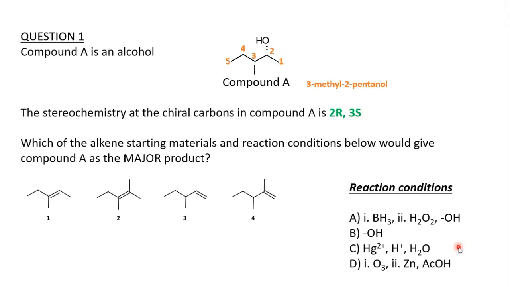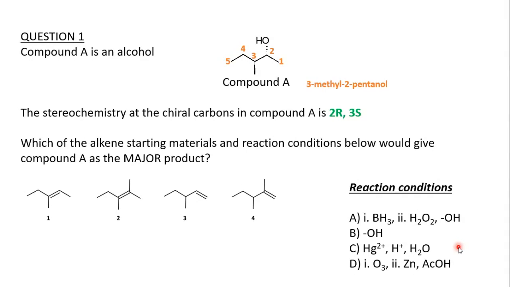Yes, go ahead. I think it hydrates to form an enol followed by a ketone. Right, but what does it hydrate? An alkene or alkane? I think alkyne. Alkyne, right, so that's the one with the triple bond.